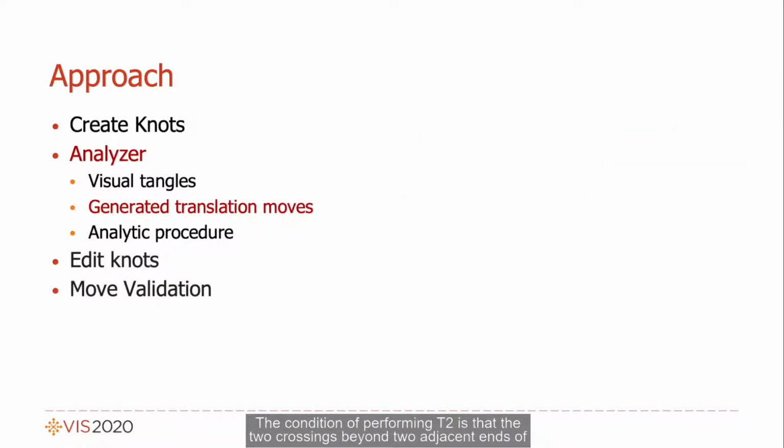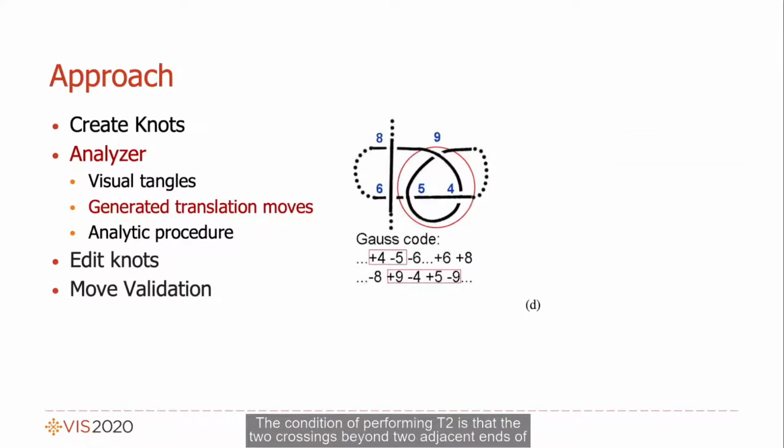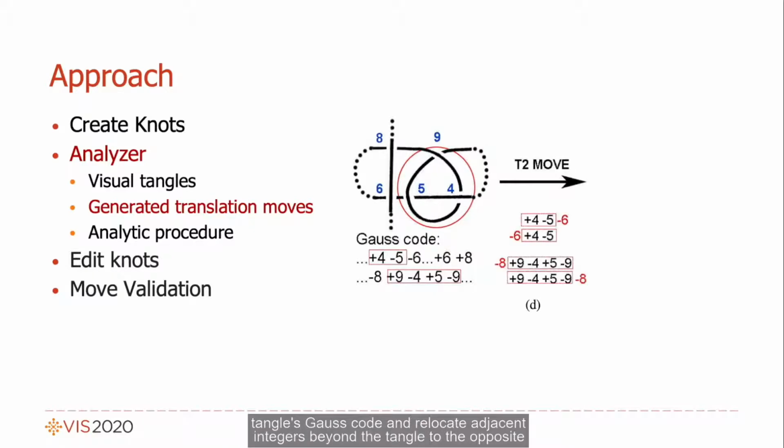The condition of performing T2 is that the 2 crossings beyond the 2 adjacent ends of the tangle are both overpasses or underpasses. When performing T2, keep all integers in the tangle's Gauss code and relocate adjacent integers beyond the tangle to the opposite side of it.